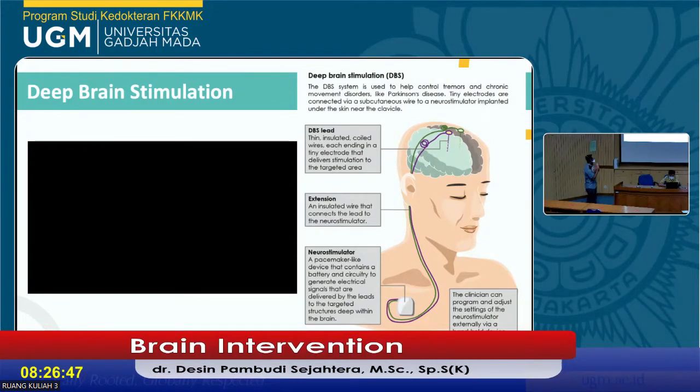So like electricity stimulation directly to the brain, so we can stop the Parkinsonism. Parkinsonism is, mask face and bradykinesia. So the patient looks like Muhammad Ali, the Parkinsonism.